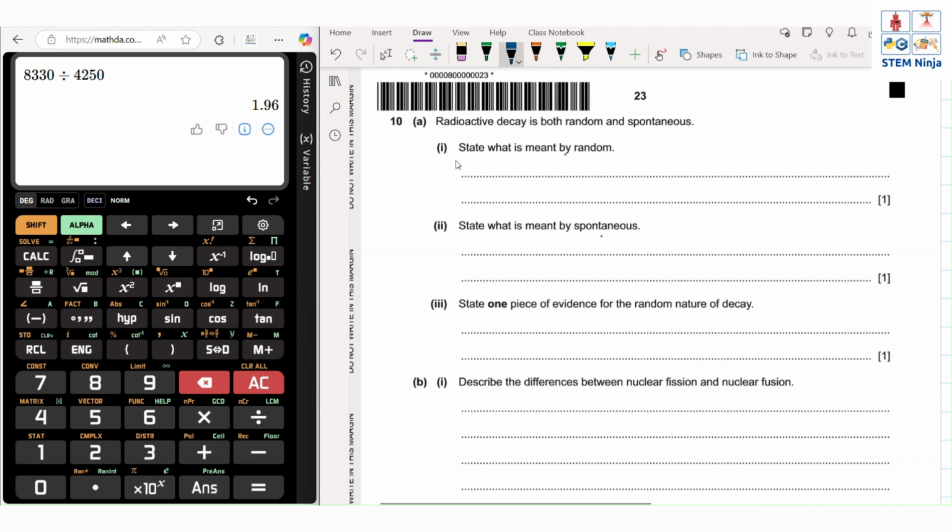So for random nature, it means that it cannot be predicted when and which nucleus will decay.